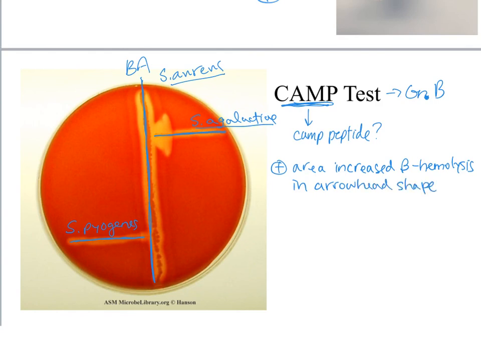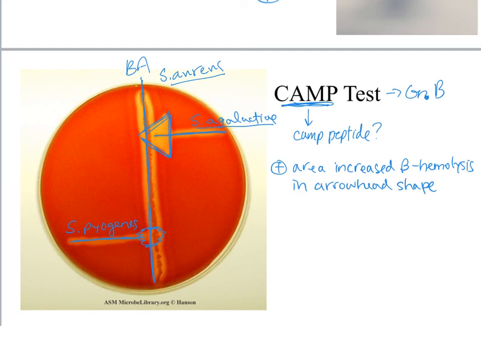Okay, so here the Strep agalactiae, you see this nice kind of triangular or arrowhead shaped area of increased beta hemolysis. Sometimes, even for a negative result, you might see a little enhanced hemolysis like this, but it's usually just a blob instead of a nice triangle like this.